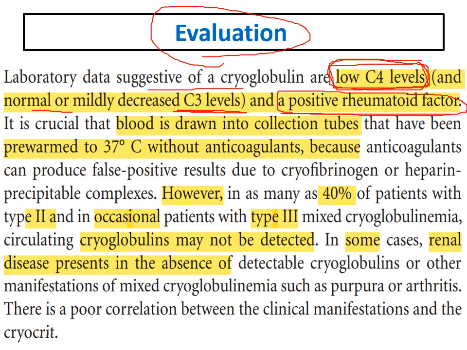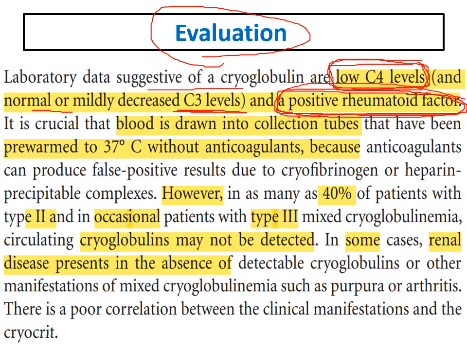So whenever you suspect cryoglobulinemia, for example a hepatitis C patient coming to you with purpura or proteinuria and hematuria and arthralgia, you should ask for C4, C3, and rheumatoid factor. If the results show consumed C4, normal or mildly decreased C3, and positive rheumatoid factor, this is highly suggestive of cryoglobulinemia.